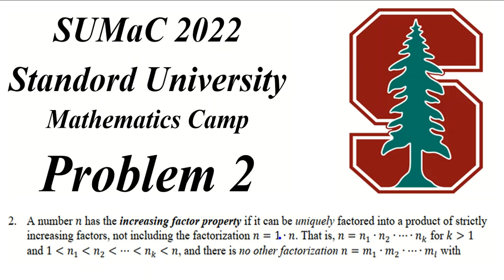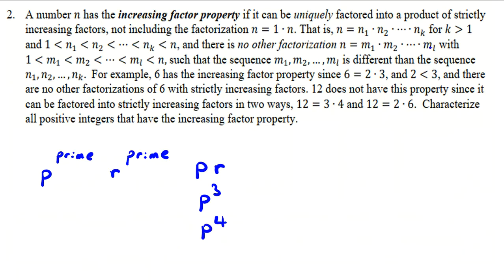So you can't consider 1 times n, so you reject 1 and n, and as the problem says, n is the product of n1 times n2 to nk for k greater than 1, and 1 is strictly less than n1, less than n2, less than nk, strictly less than n, and there is no other factorization n equals m1 to ml with that same property such that m1, m2 to ml is different from the sequence n1 to nk.